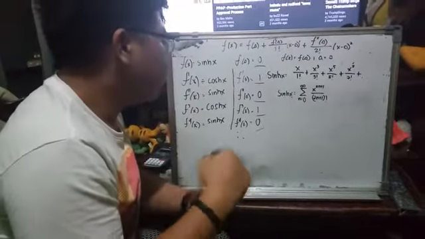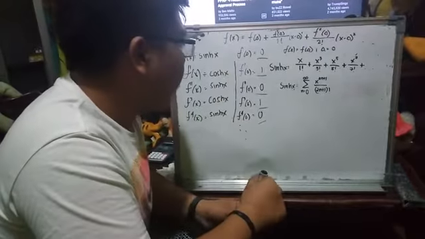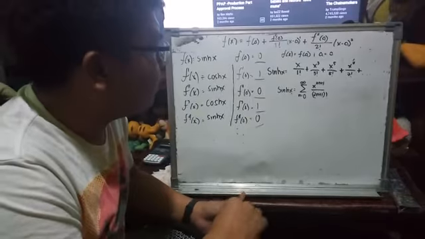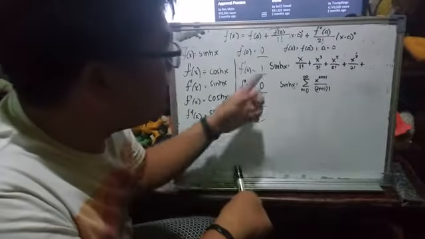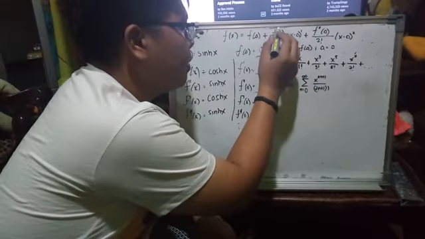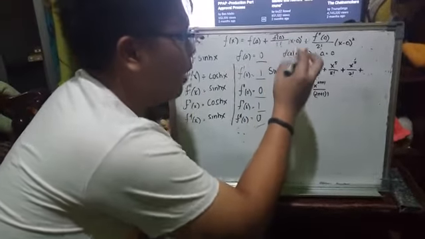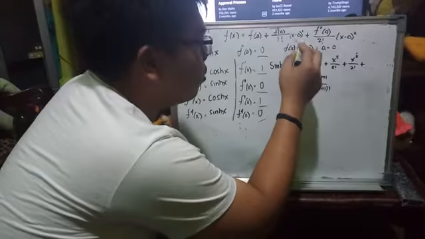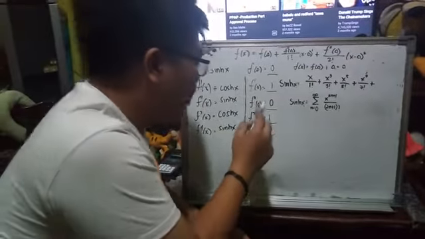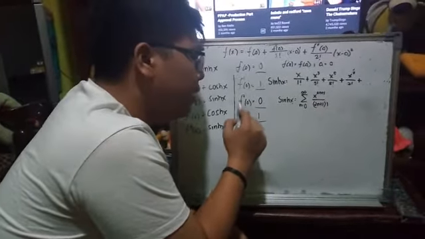Next is the first derivative, or f prime of x, which is equal to 1. So substitute the 1: x minus 0 raised to 1 is equal to x over 1 factorial. Then 0 again, we will disregard it again.